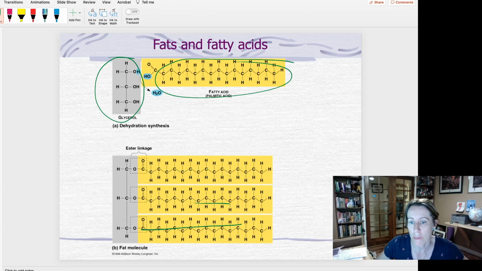They don't all have to be the same. And the combination of what fatty acid tails are hooked on, that is what causes differences between fats. It's why olive oil is a certain way, canola oil is a certain way, butter is a certain way, lard is another way. They're all triglycerides, but the different tails hanging off the backbone are different, and that's what gives each triglyceride or fat its unique characteristics. All right, so that is triglycerides, one of the kinds of lipids.